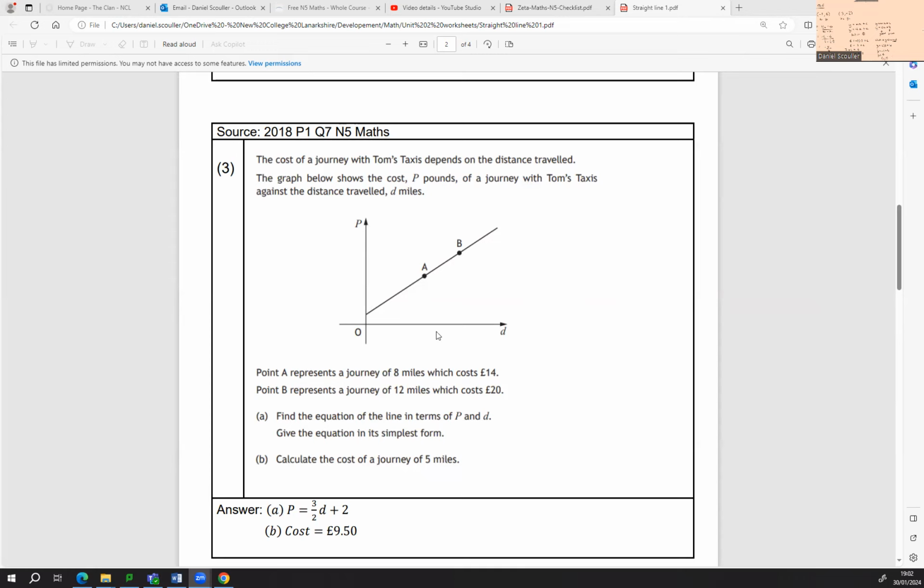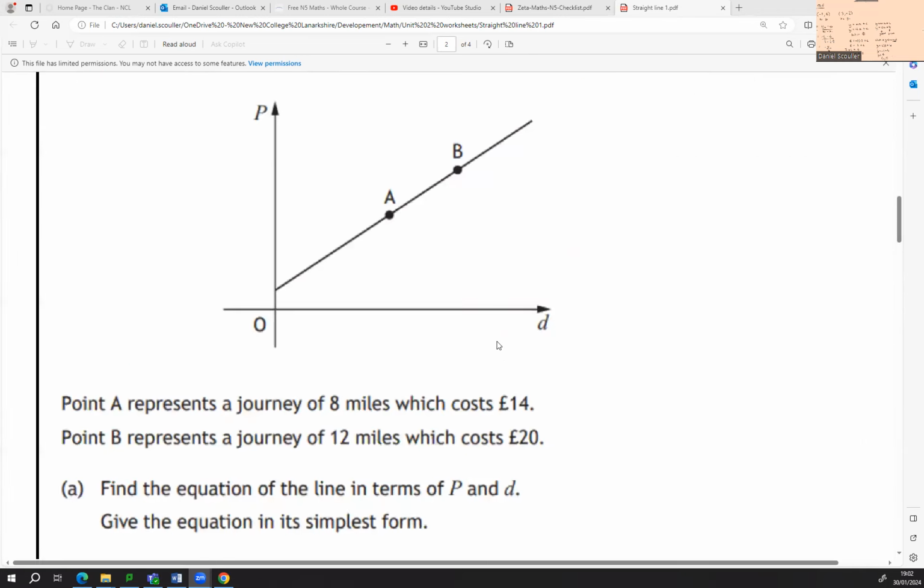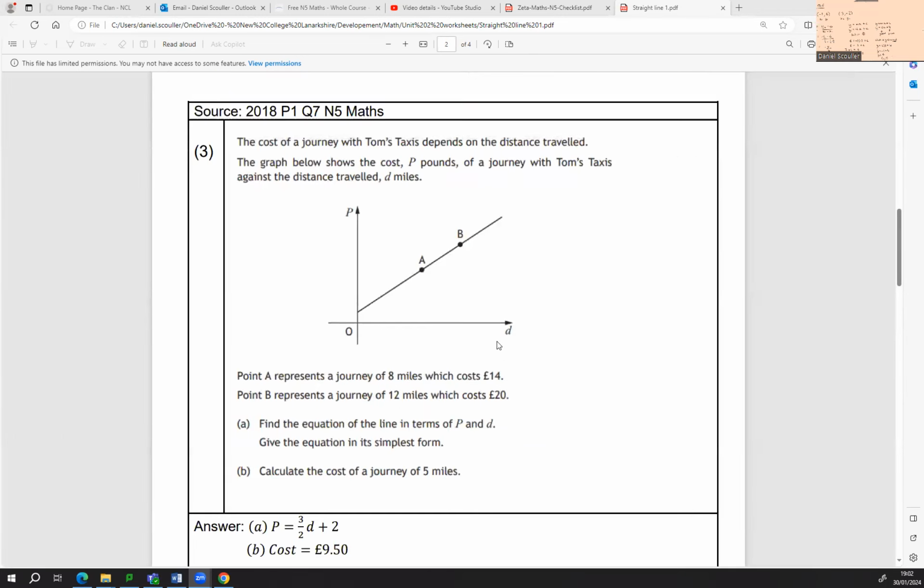The x for us in this one is the value d. The d in this question is the distance. So we've got a graph showing the distance and then the cost. Something we're mostly familiar with. Anyone's got a taxi before, the further you go, the more you pay.